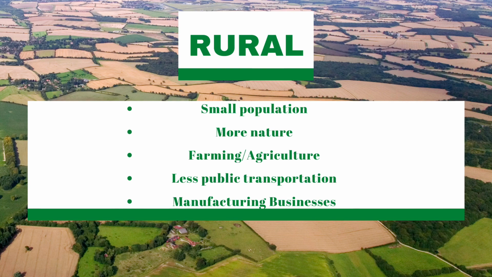It's rare to find buses running and trains running and subways in a rural area. And lastly, just like suburban areas, rural areas are also a good place to have manufacturing businesses because of the surplus of land and space to spread out for factories to make production happen.